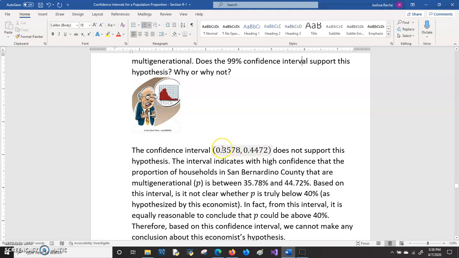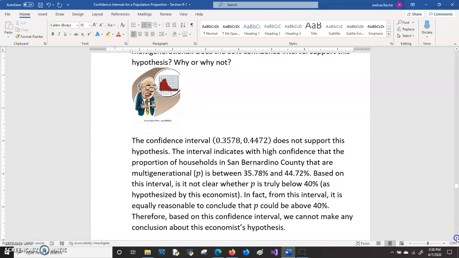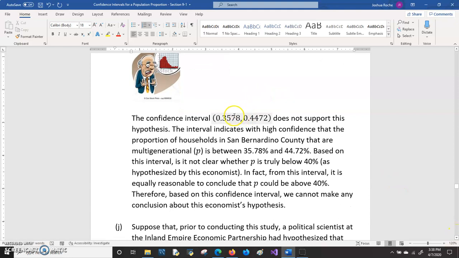It could be less than 40%, but it's equally reasonable to conclude that P could be more than 40%. 40 is right in the middle, and it's not clear whether P would be above or below 40%. So, therefore, in this case, this interval would lead us to not be able to make any conclusion about this particular hypothesis.